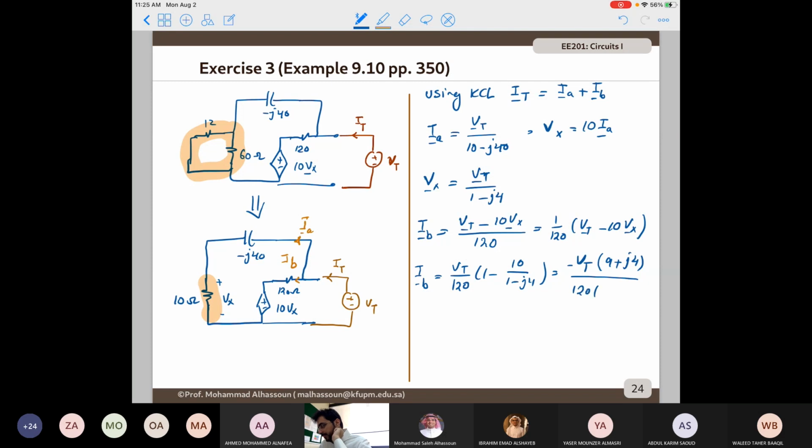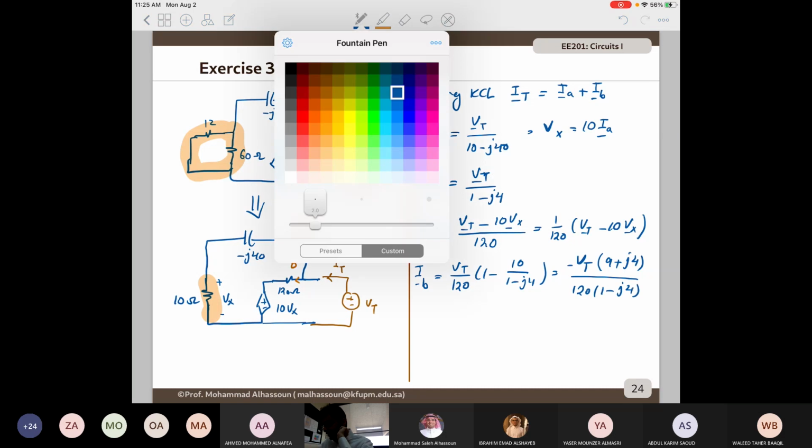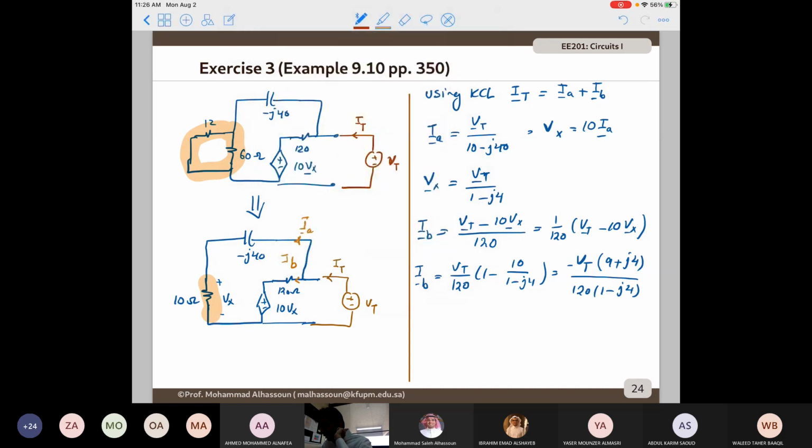here we have to solve some problems in this one, because you need to be familiar with complex numbers and familiar with how to use a calculator to solve complex numbers. So this one is equivalent to 12, 10 minus j40.